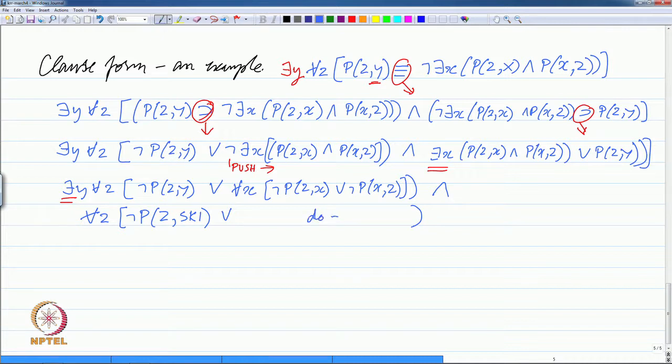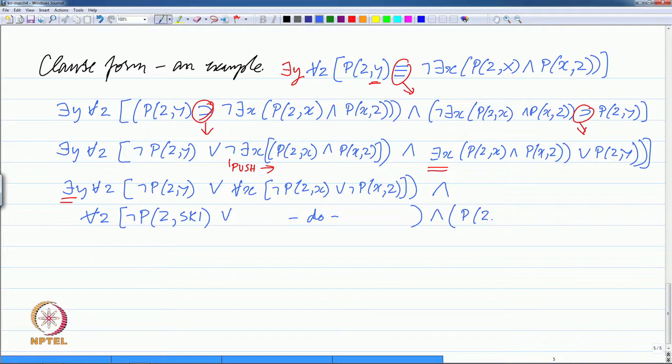Whereas on the AND side, this existential variable x is in the scope of the universal variable z essentially. So, it must become a function of z. So, this will become p z.